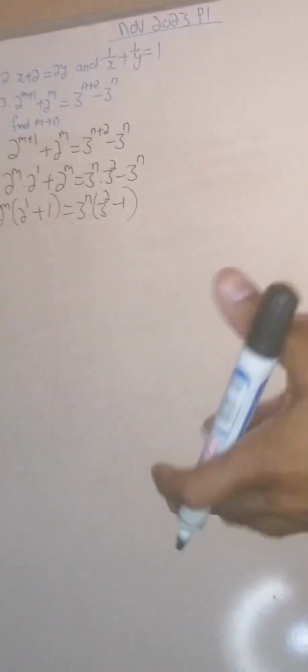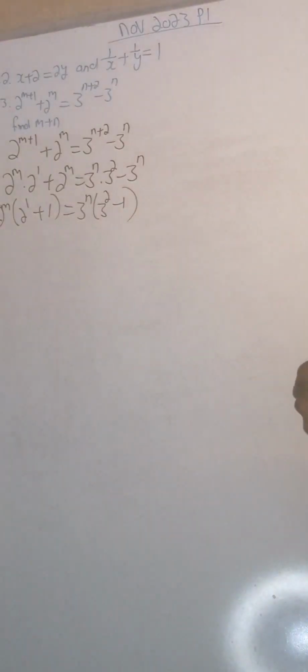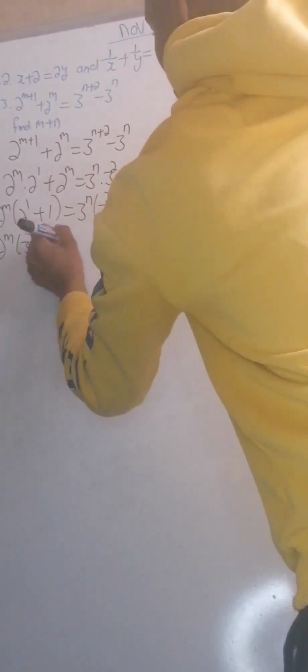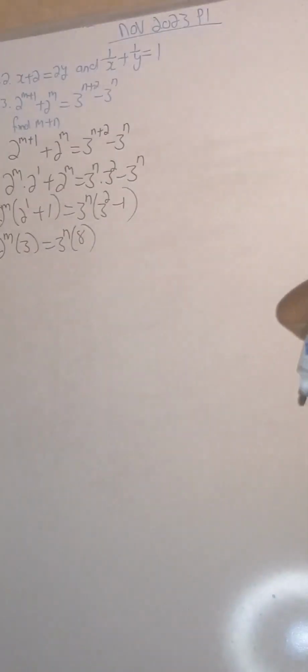I will assume that you understand the grade 8, grade 9 laws of the exponents. And then from here we will have 2^m · 3 = 3^n · 8. And from here I can try to group the like terms.